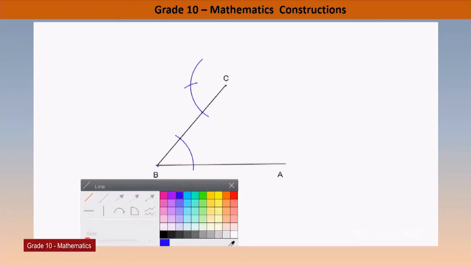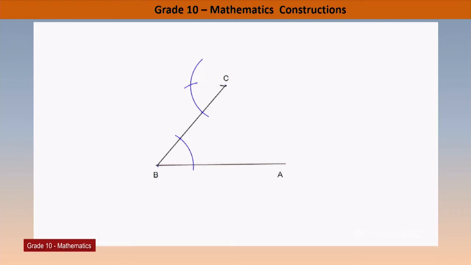Here we found the new point. Let us join the 2 points. So, these 2 lines are parallel. The reason is we have copied the same angle on C. So, remember to mark that 2 lines are parallel.